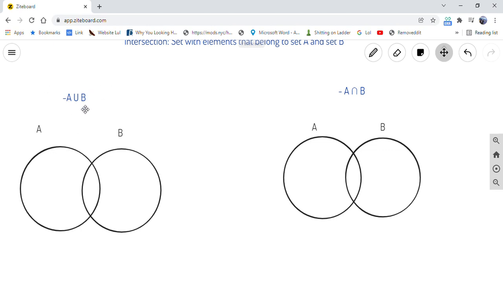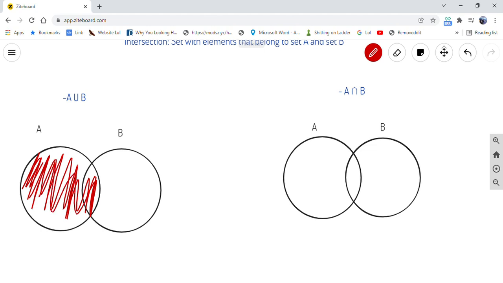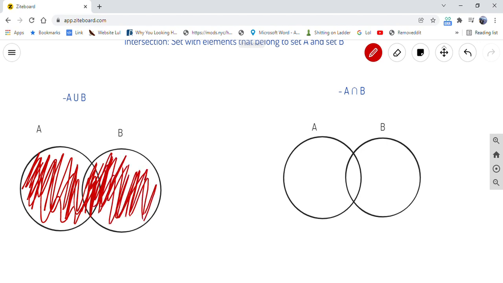So here, remember the symbol is a union, and we read this as A union B. Let's shade in what A union B would be. A union B would be all the objects in set A, or all the objects in set B. So it's really the entire Venn diagram.